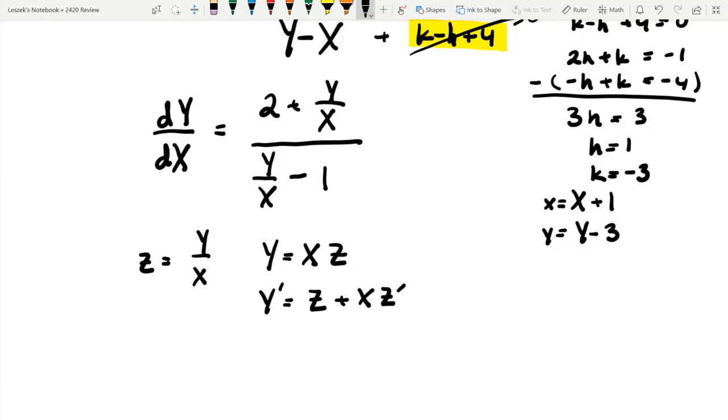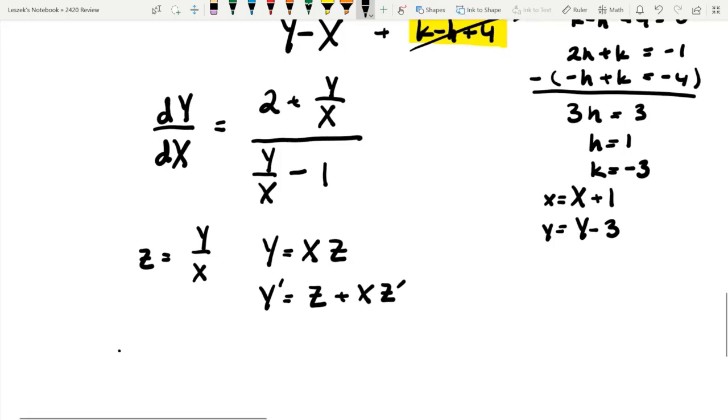And that's a direct substitution, right? We get on the left, y prime is replaced. On the right, y over x becomes z.